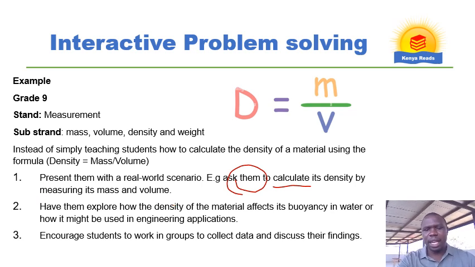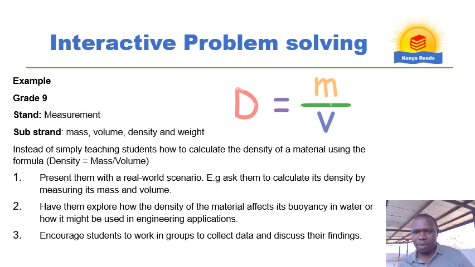Then we have the case where you can have them explore the density of materials and how it affects buoyancy, the floating and sinking. You can give them different materials and allow them to explore. Give them water, which is readily available in most cases, and let them try to figure out why it is floating, and then connect that idea to the real world.